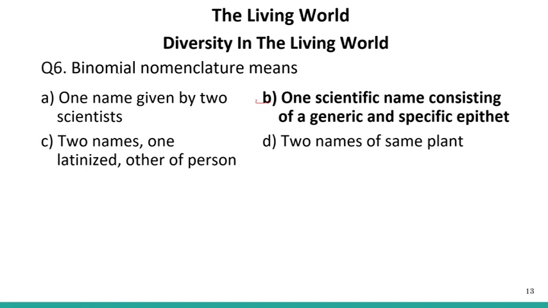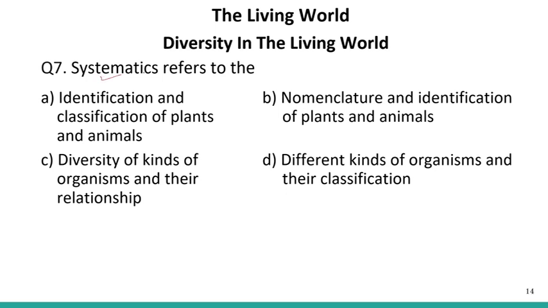Now, coming to the next question, systematics refers to, option A, identification and classification of plants and animals. Option B is nomenclature and identification of plants and animals. Option C is diversity of kinds of organisms and their relationship. Option D is different kinds of organisms and their classification. Systematics includes identification, nomenclature and classification, and it also includes the relationship, the evolutionary relationship.